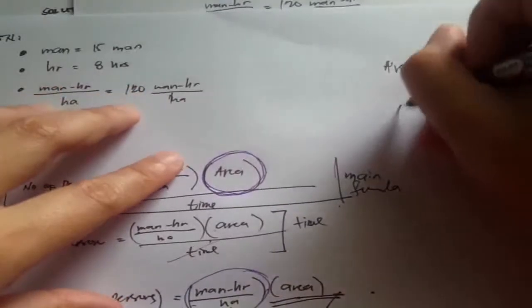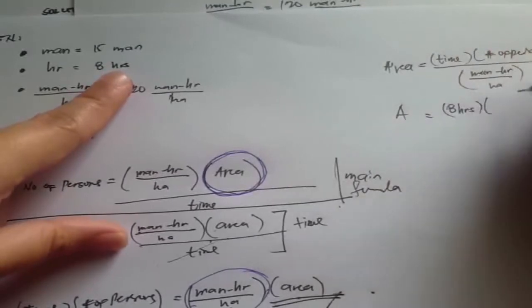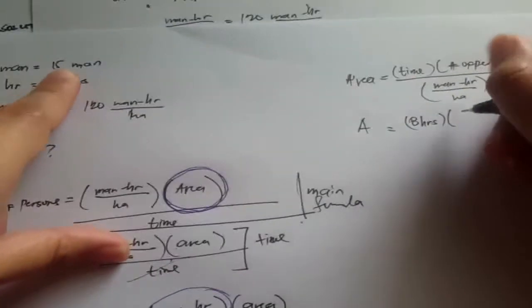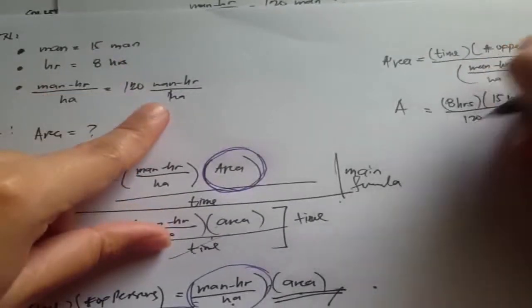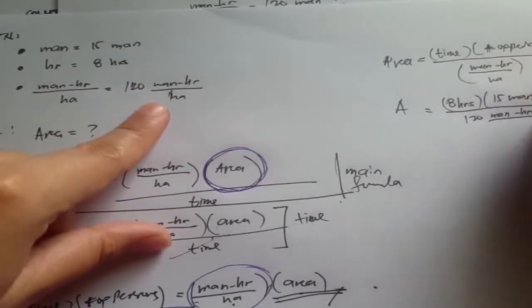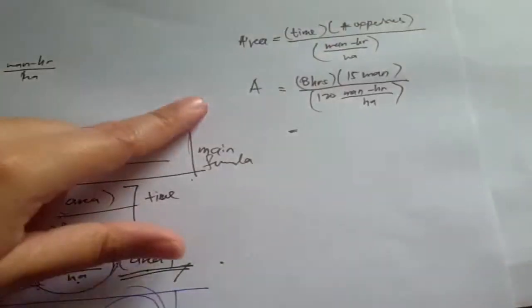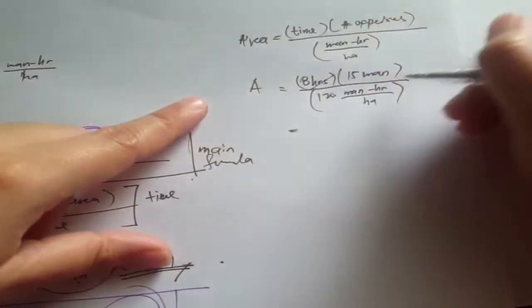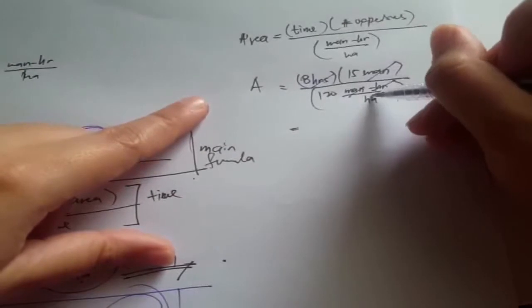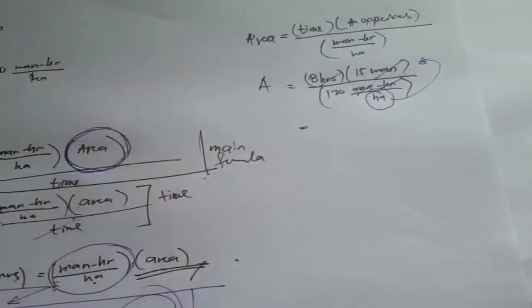How many hours do we have? 8 hours times number of persons, 15 laborers, divided by 120 man-hour per hectare. Then you can use algebra to calculate what remains. Let us cancel out the unit man-hour, and we remain with the unit hectare, which goes to the upper side.